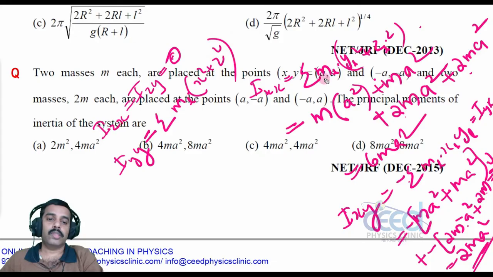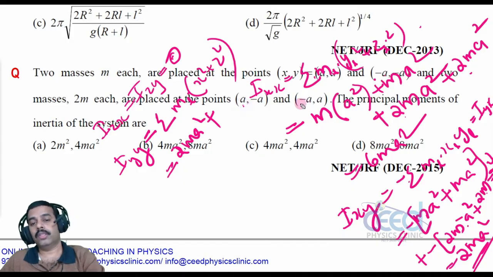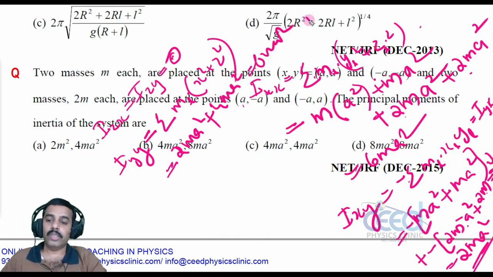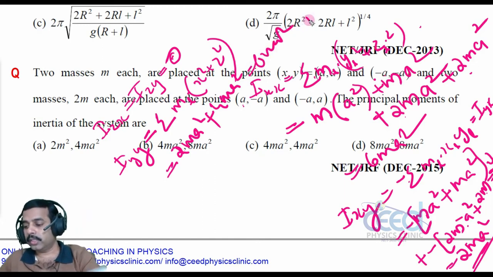When you square this, for the first part it is a square plus a square, that is 2a square, mass is common, so 2ma square, plus, for the second thing, 2ma square plus 2ma square, that is 4ma square, that also 6ma square, right? So we can have all the values. Now we are able to write Izz also.